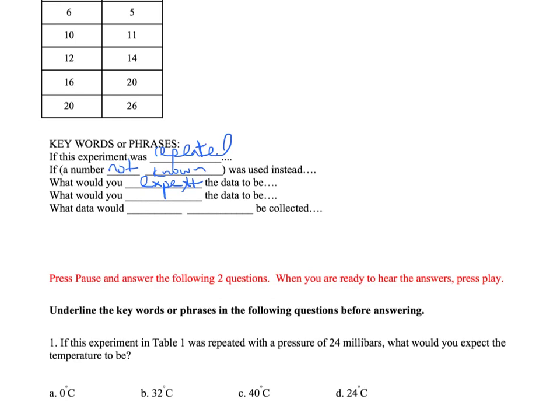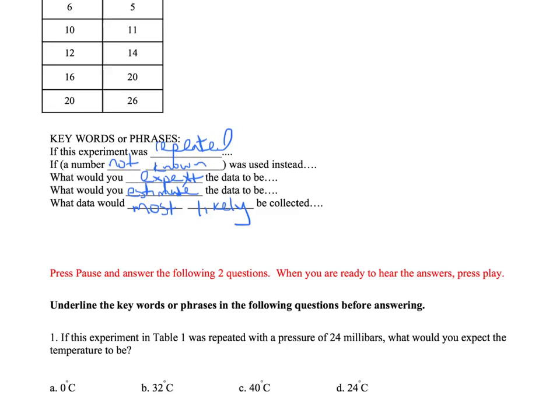What would you estimate? So again, that word is estimate. And then what data would most likely be collected? So again, all of these words are helping us know that we are making an estimate. We're taking a guess based on what we already know.